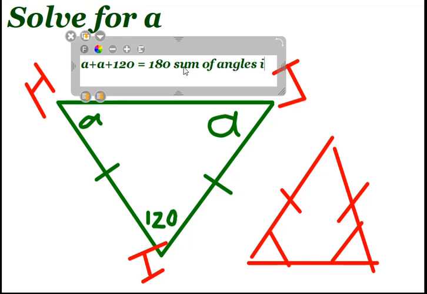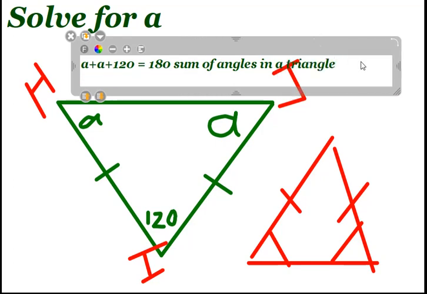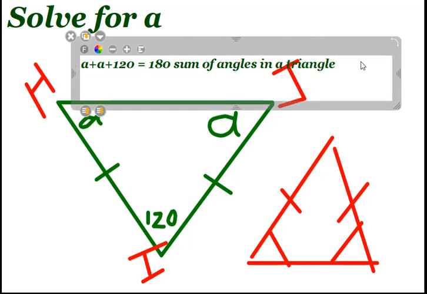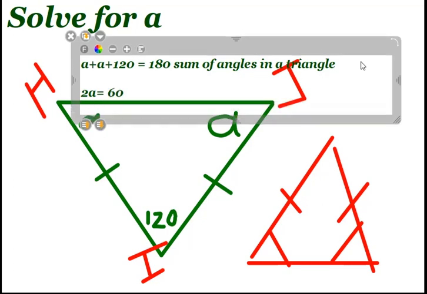Sum of angles in a triangle. And so we can see that A plus A is like terms. So 2A is equal to 180 minus 120, which is 60. So we have that A is equal to 30 degrees.